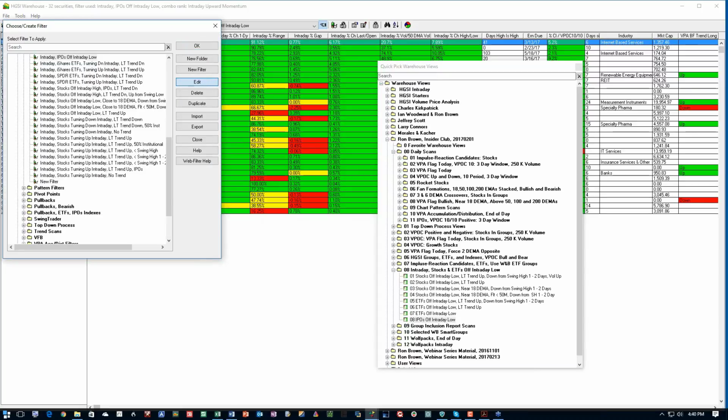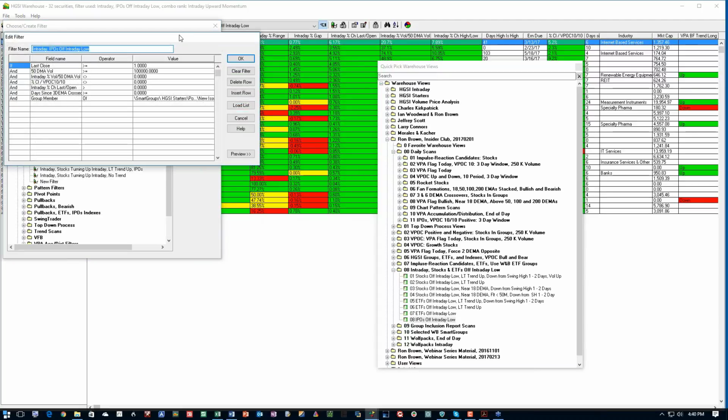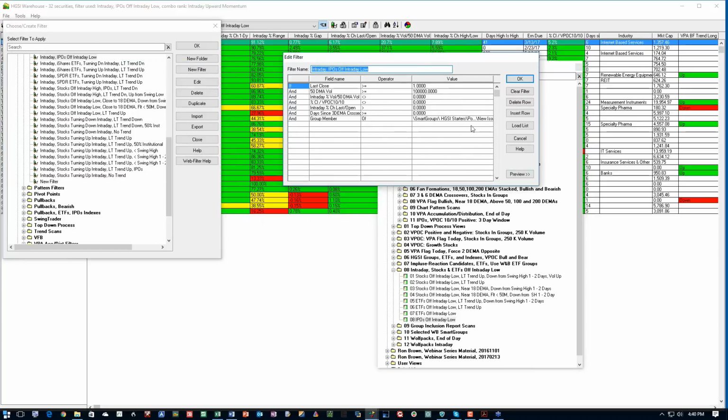this is another very strong feature of HGSI. We can go to a specific group or a group member, and if I click on the top-down list, that arrow I should say, it takes me directly to the IPOs folder, which is a smart group.